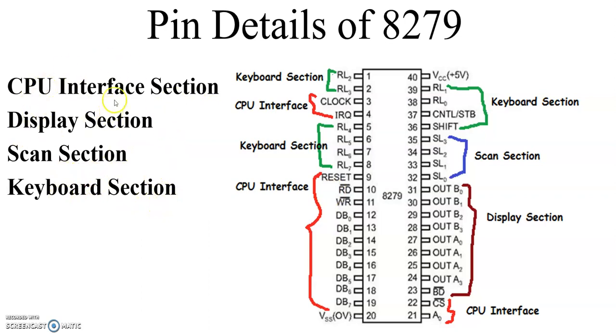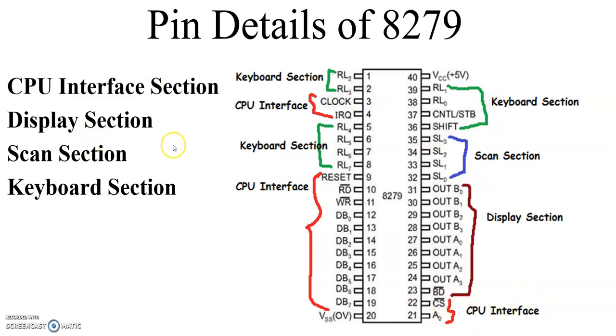Belonging to the CPU interface section are clock, IRQ and reset, RD bar, WR bar, DB0 to DB7, and then CS bar and A0. These are all the pins belonging to the CPU interface.